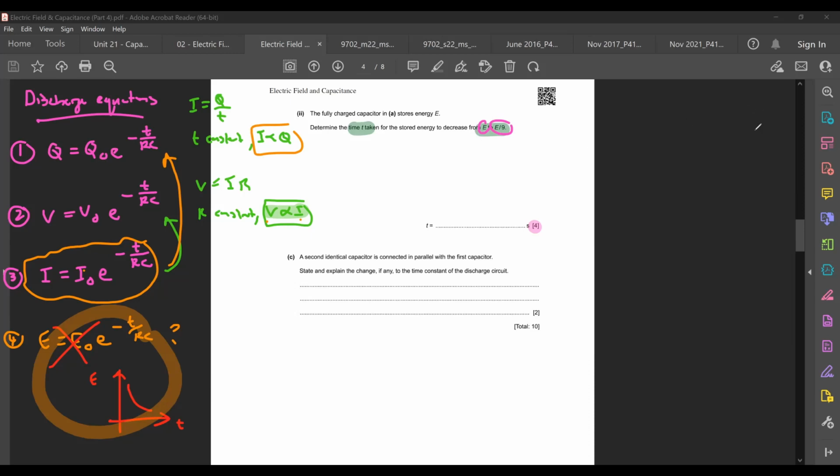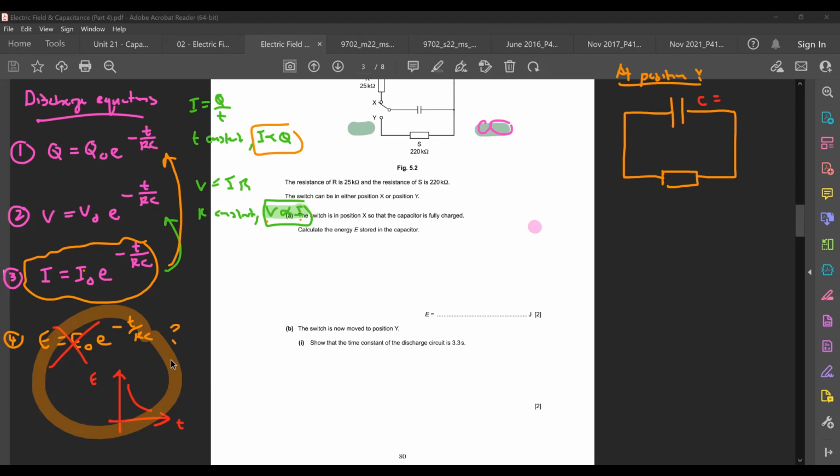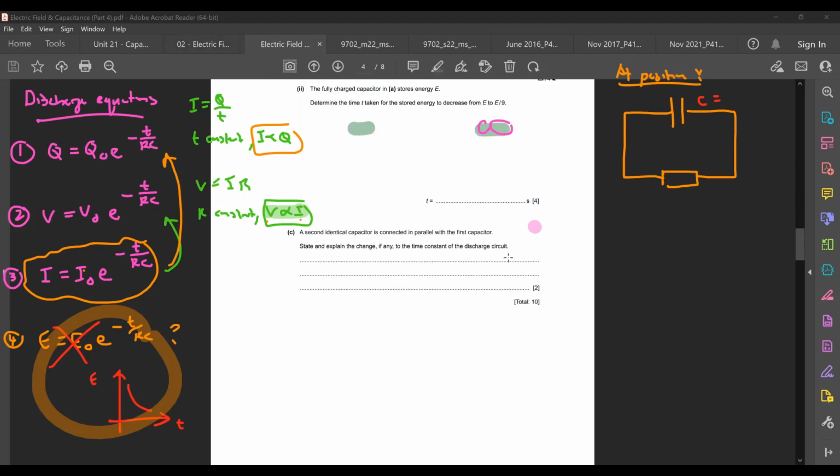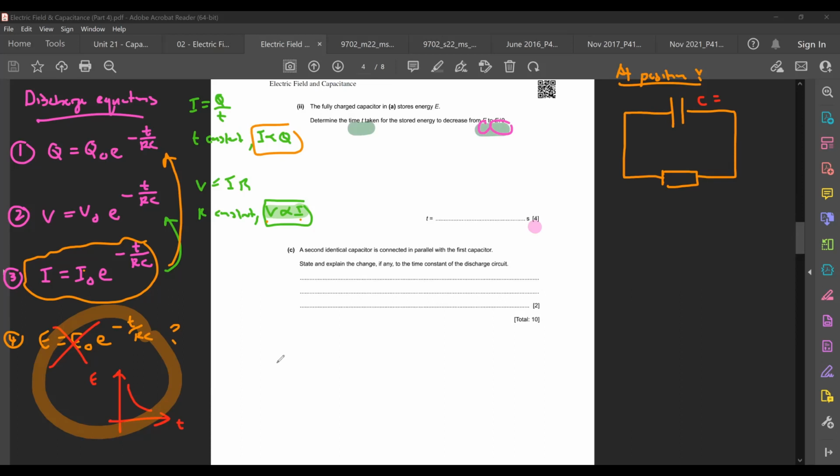Let me just redraw your capacitor circuit here. This one was your original diagram at position Y. I already know that the capacitance is some value. I can't remember what I calculated, so let me see. Oh, I deleted it just now.